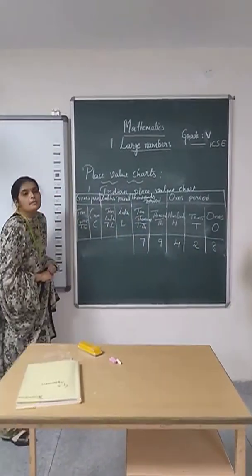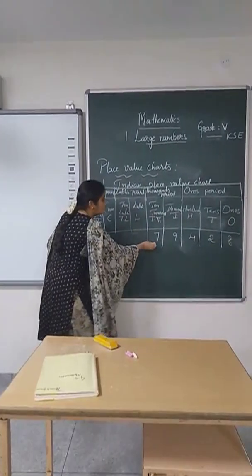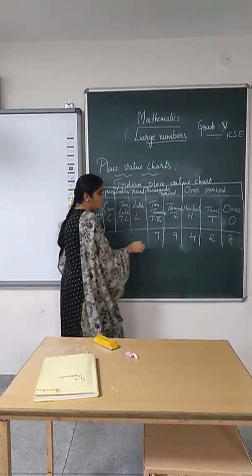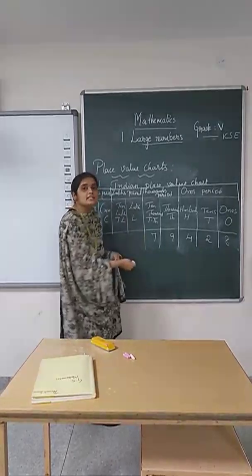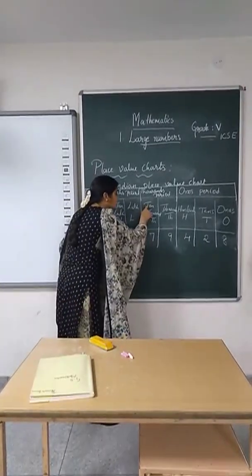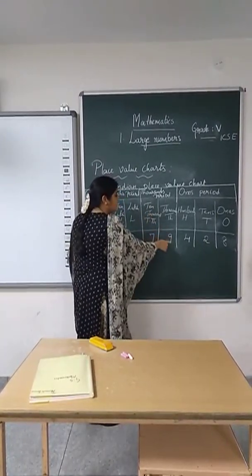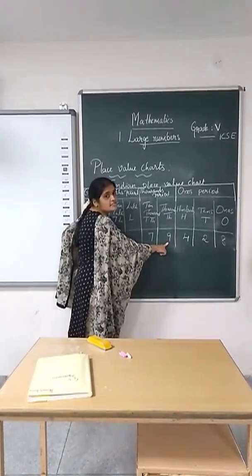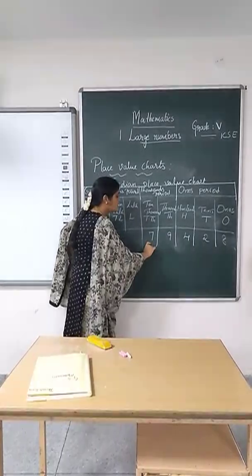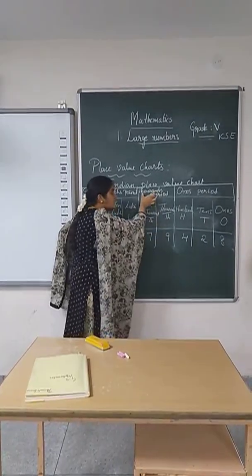To read out a number, it is very easy. 7 is in 10,000s place, so automatically the place value of this 7 is 70,000. So 70,000, 79,000, and 9 is in thousands place. Its place value is 9,000. So 70 plus 9 both come under thousands period.